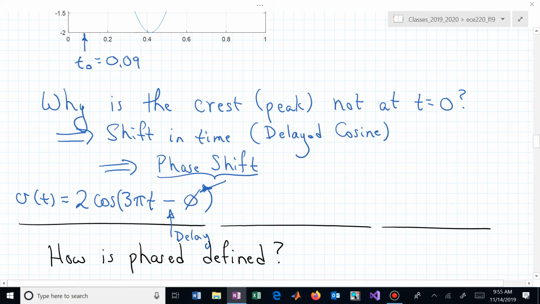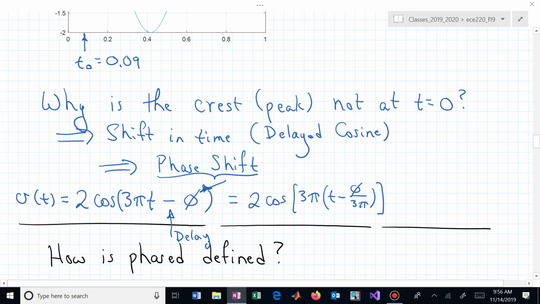But we can also relate that phase shift to a time delay by factoring out the omega. Suppose we now rewrite this and say, let me take out the 3 pi. Let me change that parenthesis to a bracket, and now I'm factoring out a 3 pi. Haven't changed anything.